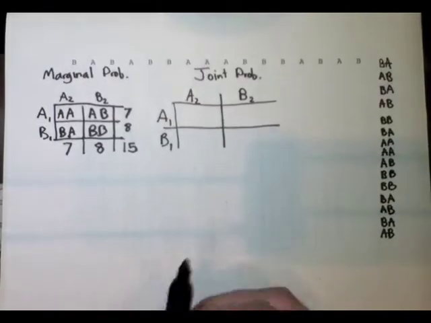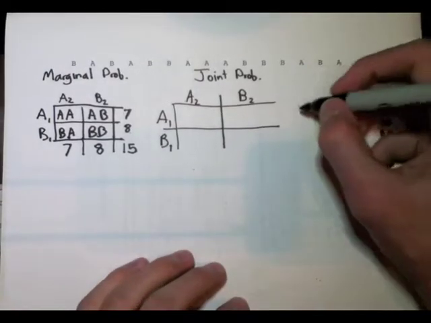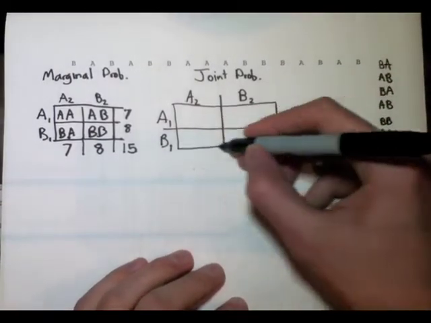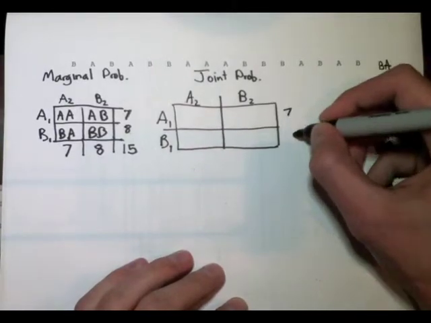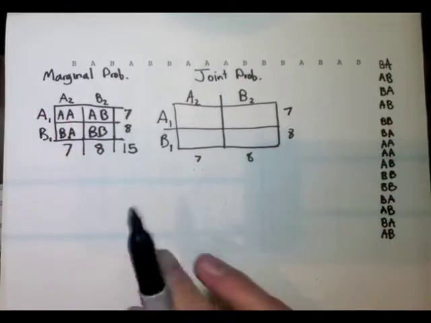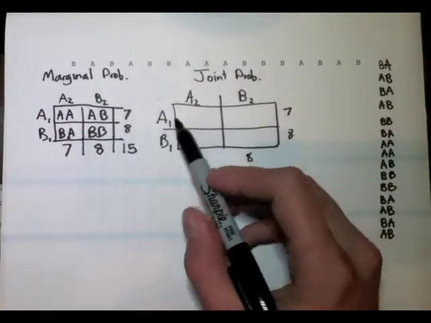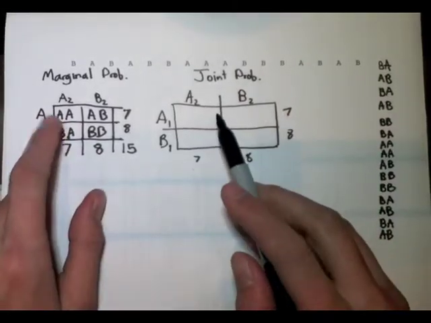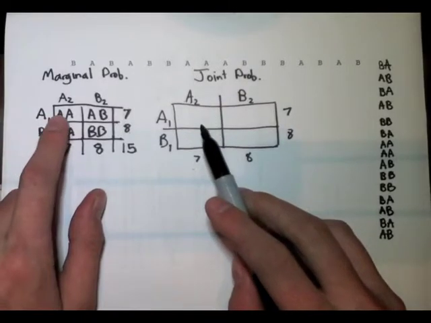Alright, so again, our marginals, if we want to draw the marginals in, we'll go ahead and do it, are going to be the same here. 7, 8, 7, 8. But they're not really important because we're not looking at them this time. So joint probabilities, this time what we're going to do is we're going to say, alright, well, how many occurrences of AA are there?